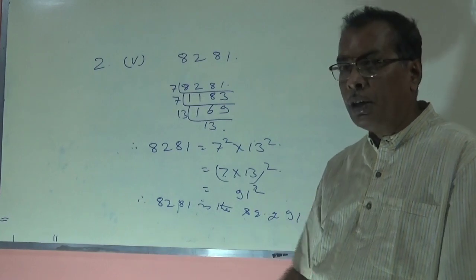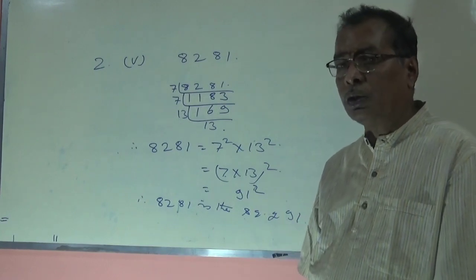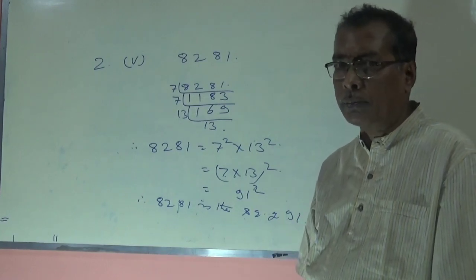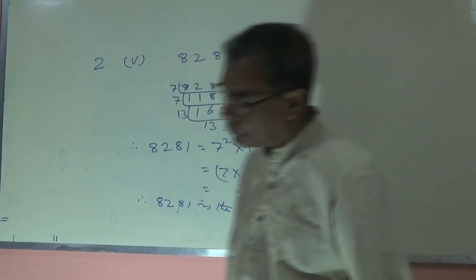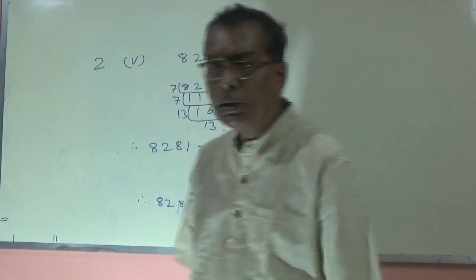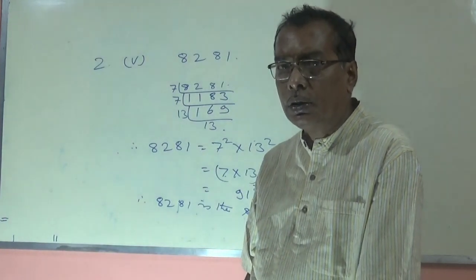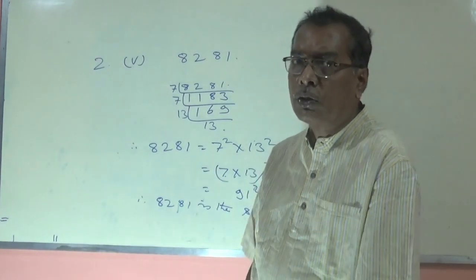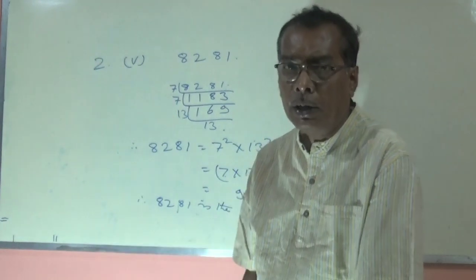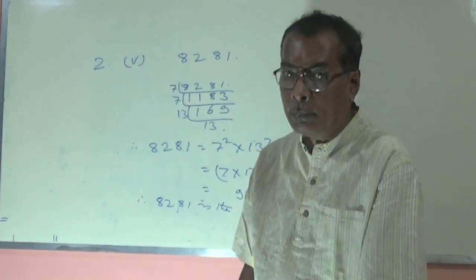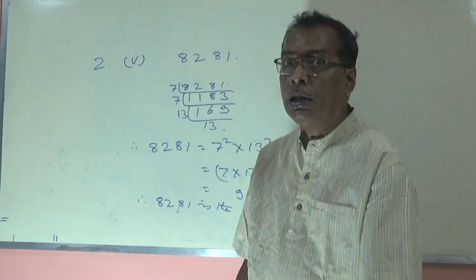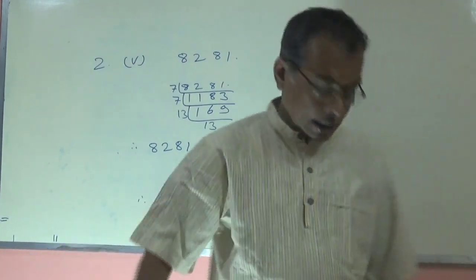So for the time being, don't try to solve question number 5 or 6. That I will discuss later on. So this is about square root for the time being. You have to wait for the next classes for the next exercises.